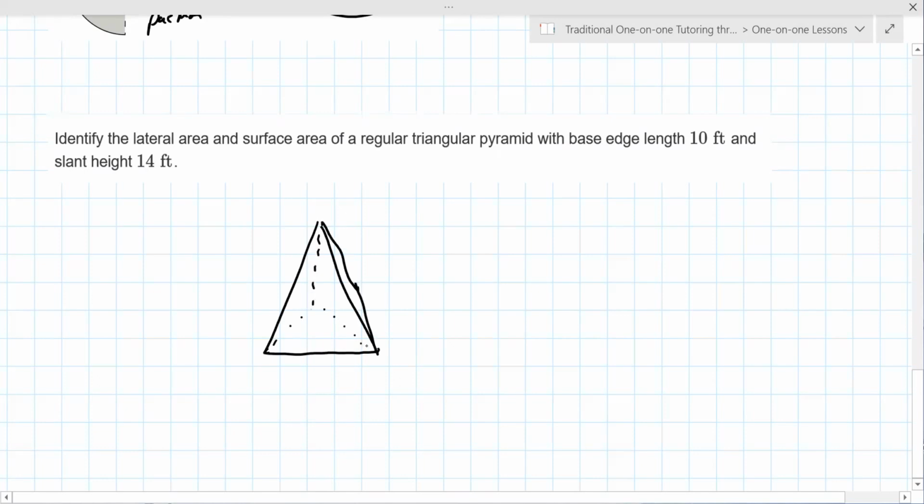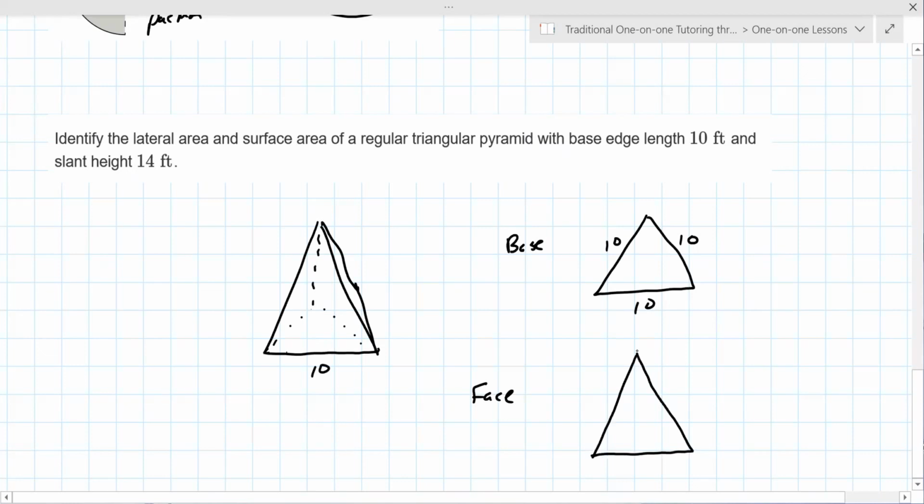Yeah, those are tough to draw. So there's basically a base, which is a triangle. That's this one down here, and it says the base edge is 10, so it's 10, 10, 10. What kind of triangle has all the edges the same length? That would be an equilateral triangle.